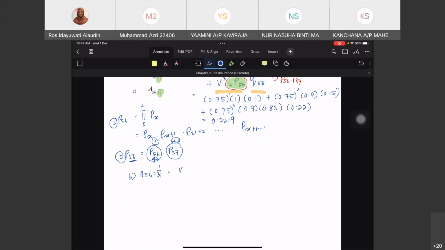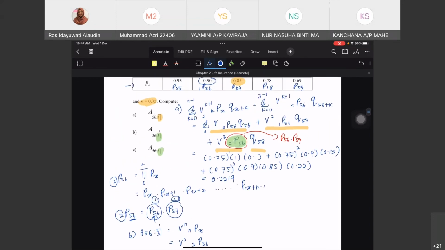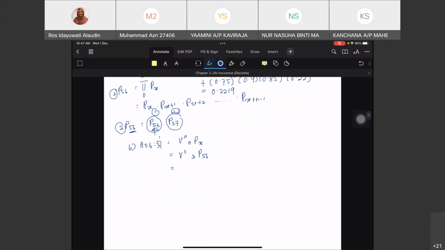So we have v^n times 3p56. Just a simple one. v cubed, we already know v is 0.75, so 0.75 to the power of 3.